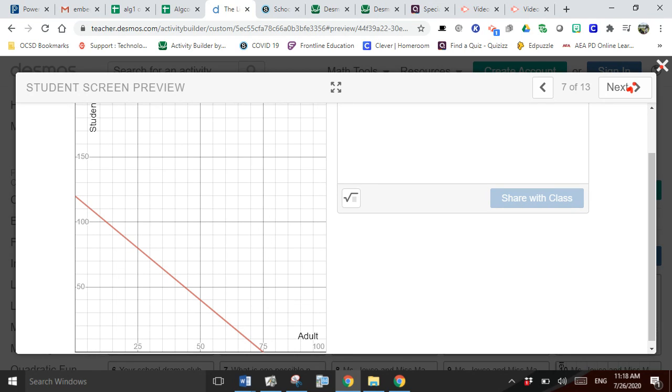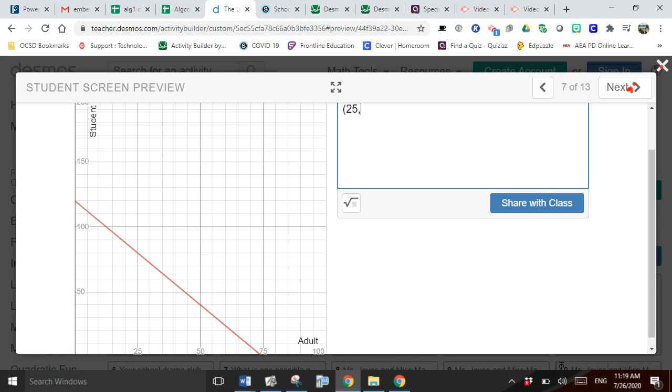So I'm going to try to find one that is pretty exact. It looks to me like there's a pretty good one right here. I don't know that I can make that show up exactly, but I'm going to call that 25 and 80. So my ordered pair is 25, 80.